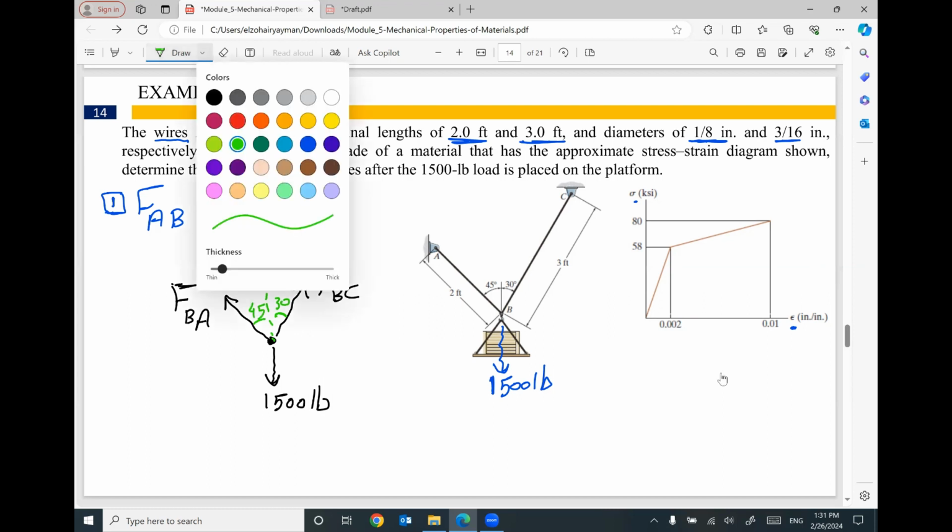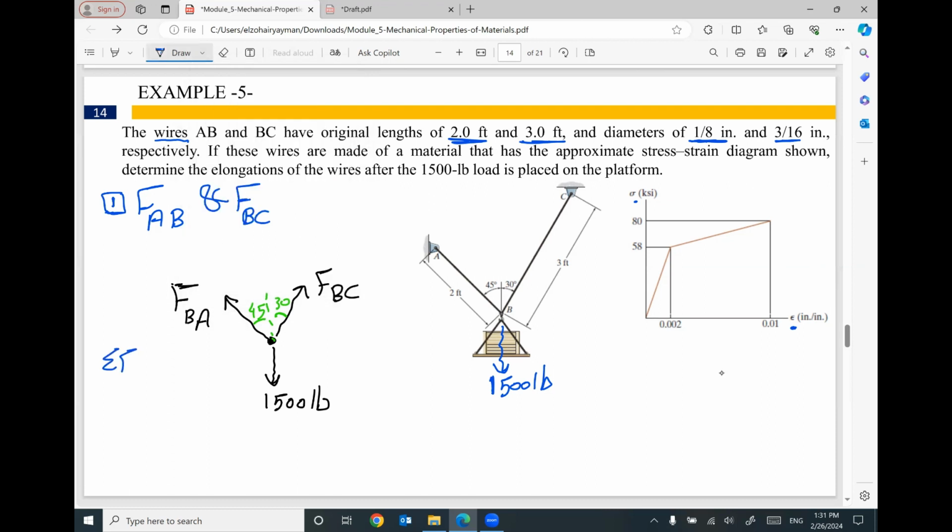To figure out these forces, I'm gonna apply the equilibrium equation, summation Fx equals 0. So I will have negative FBA sine 45 plus FBC sine 30 equals 0.